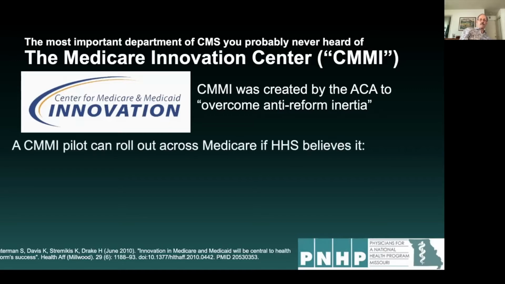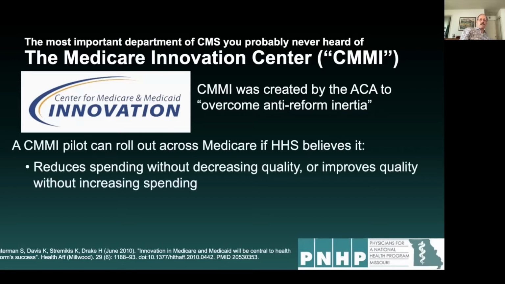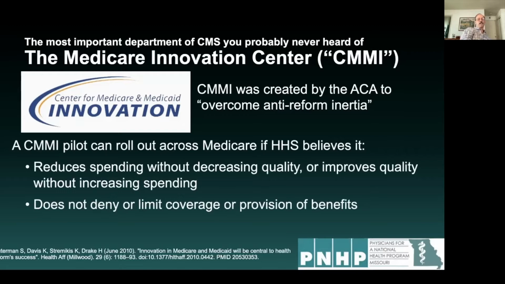If HHS claims that it will reduce spending without decreasing quality, or improve quality without increasing spending, and does not deny or limit coverage or provision of benefits, then they can do it. The problem is they can be offered something like DCEs that claim that they will do these things, but in practice they do the opposite. But the fact that they claim they will do these things enables CMMI to implement them.